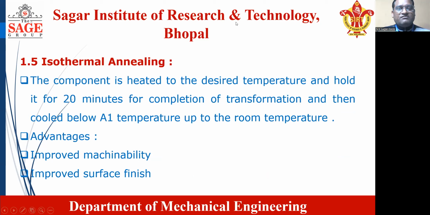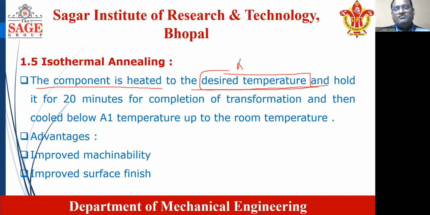Then next is isothermal annealing process. In this process, the component is heated to the desired temperature. And what is the desired temperature? Below the A1 curve. The A1 curve shows the temperature that is 727 degrees Celsius or 725 degrees Celsius.